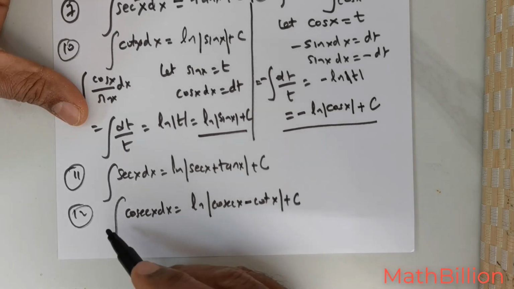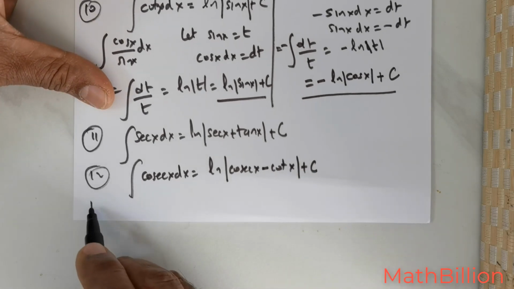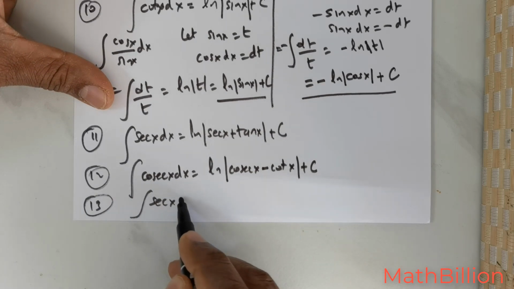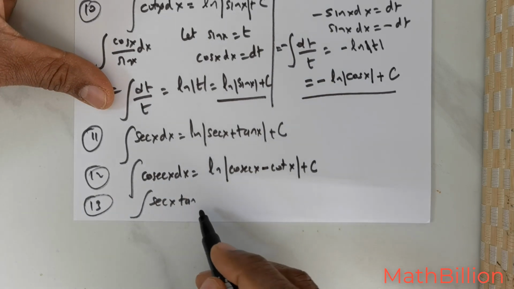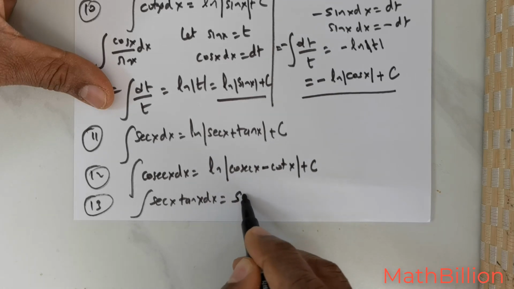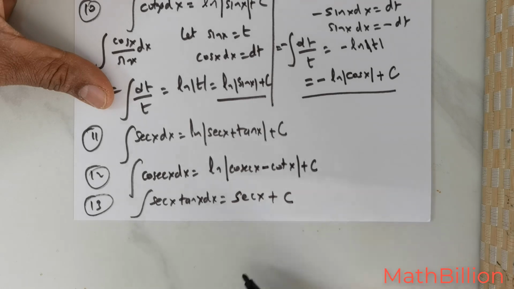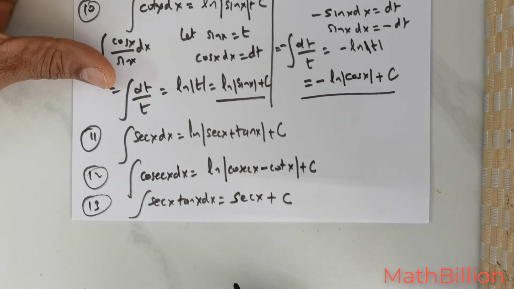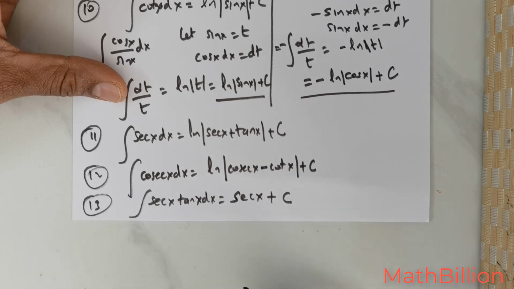Now having given you 11 and 12, let me also squeeze in 13. Integral of secant x tan x dx is equal to secant x plus arbitrary constant c. That is also a very important formula.